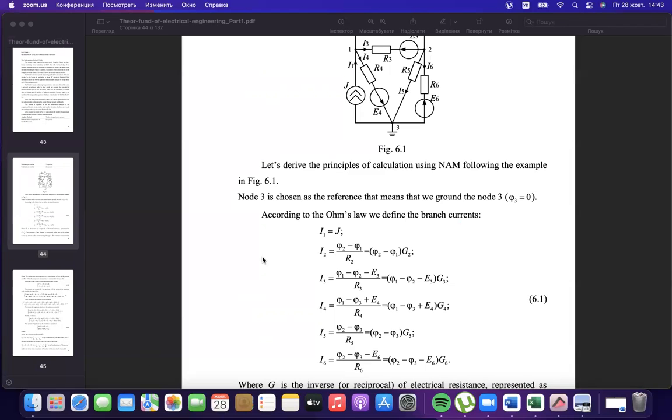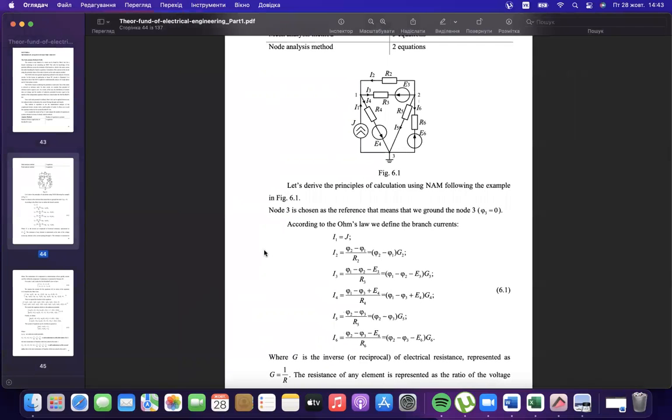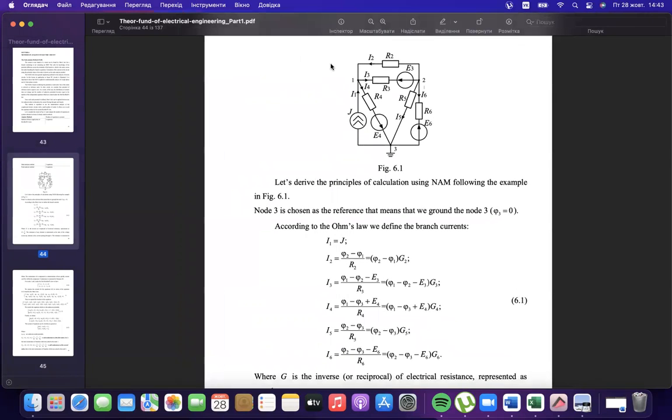If we look at some example, some circuit model, and try to write any current, for example the first current: the first current just equals the current source, which is just a value in amperes already known from our initial conditions.